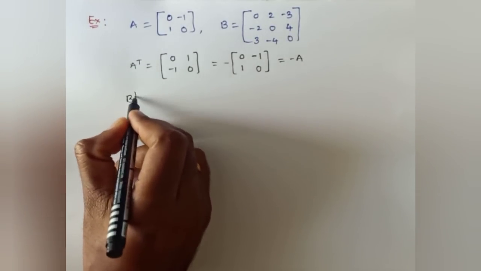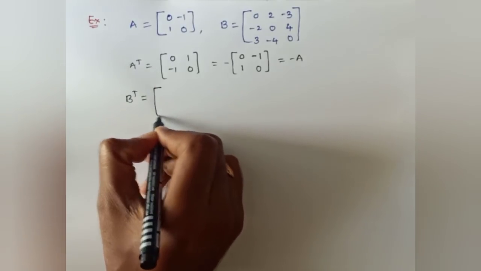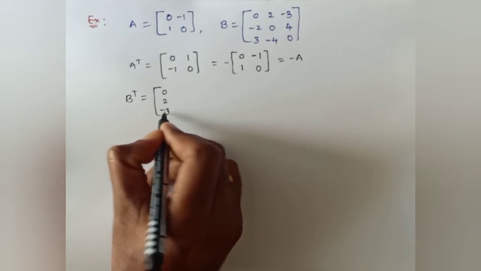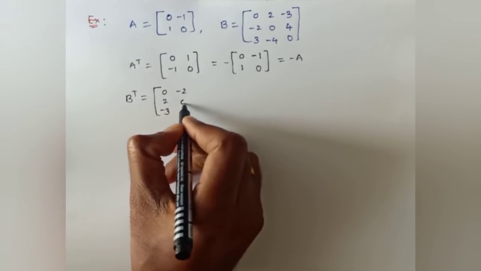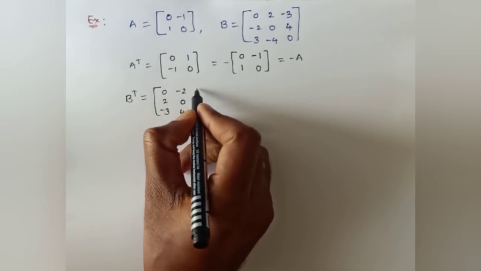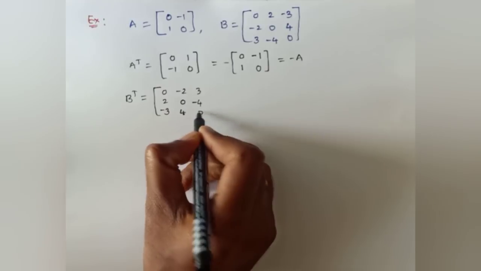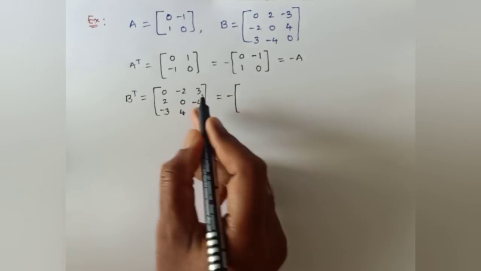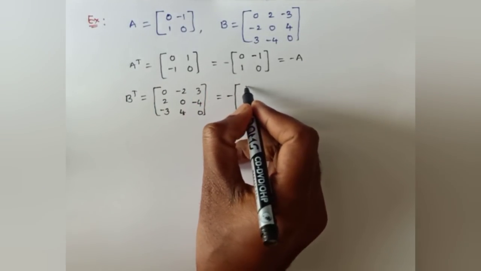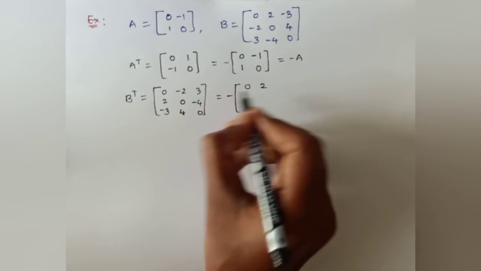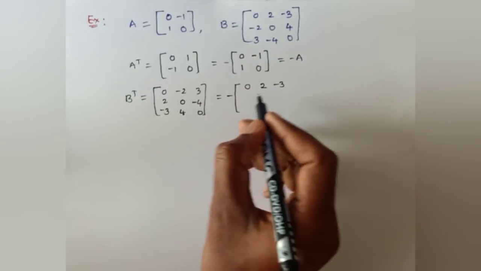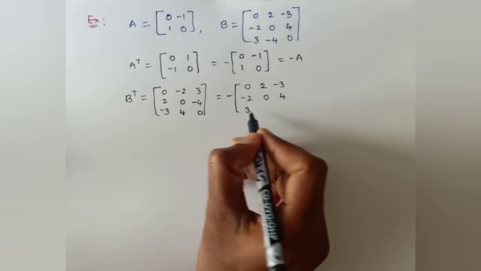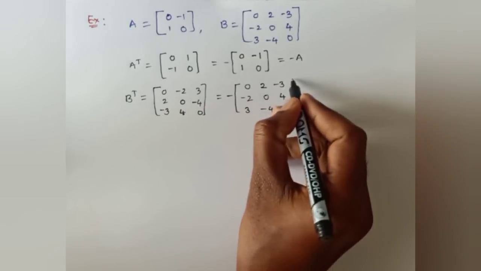And B transpose is 0, 2, minus 3, minus 2, 0, 4, 3, minus 4 and 0. Taking minus common from all the elements, this is 0 obviously, minus 2 and minus 3, and minus 2, 0, 4, this is 3, minus 4, 0.